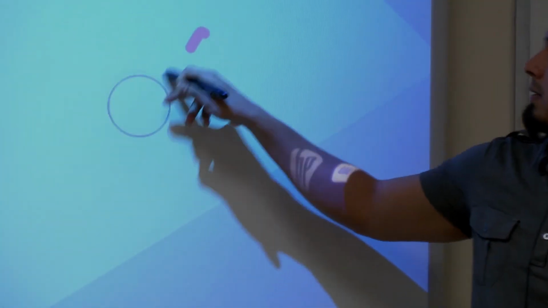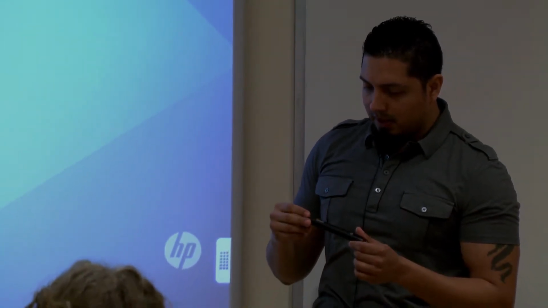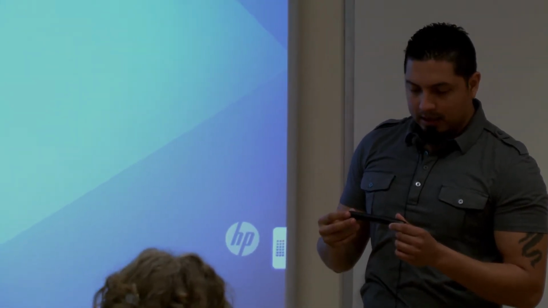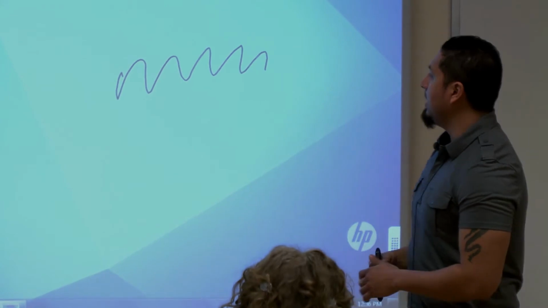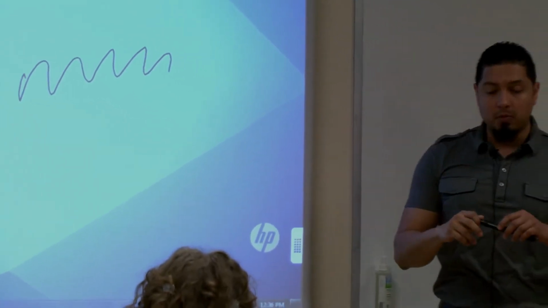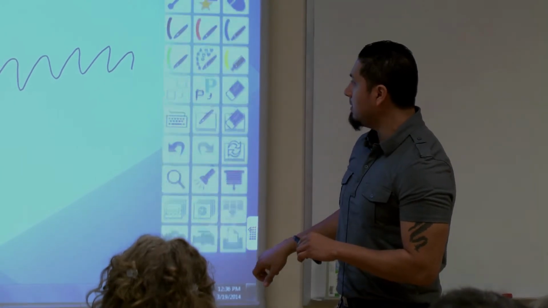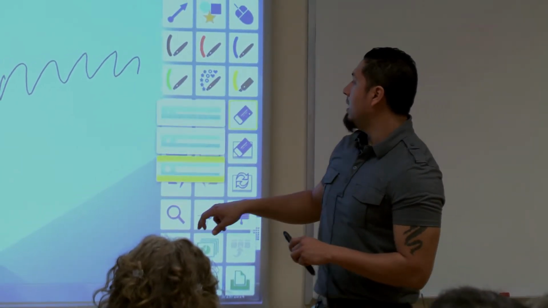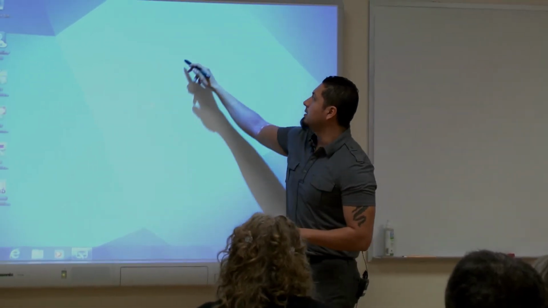The one neat thing you could do with the marker that you cannot do with a couple of the other boards is that if you write with the marker over here and you want to erase something and you don't want to fumble around with the controls, what you can do is select the eraser from your toolbar over here, and now you can erase this and still write with this.